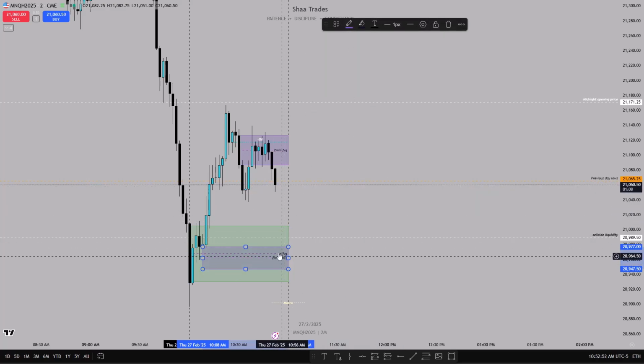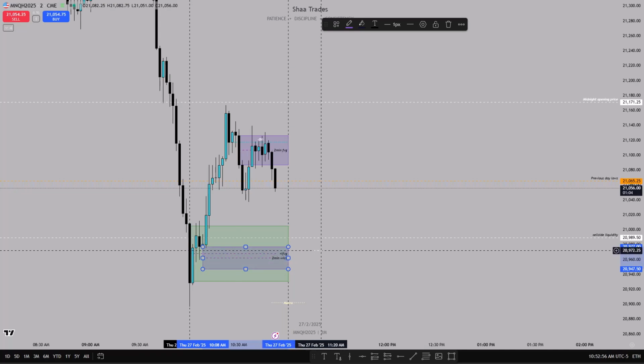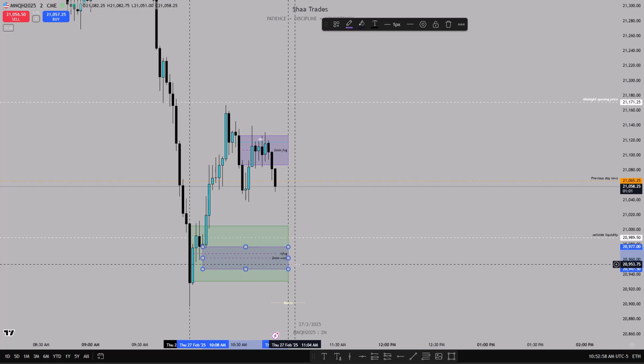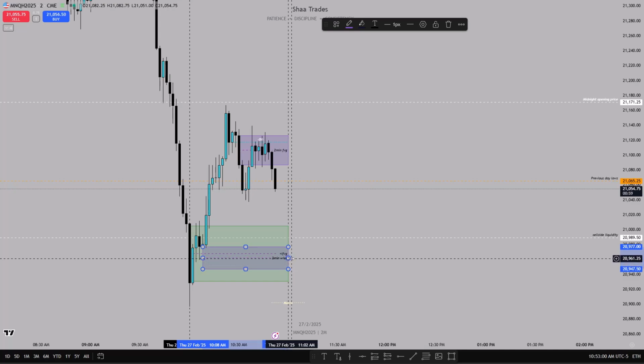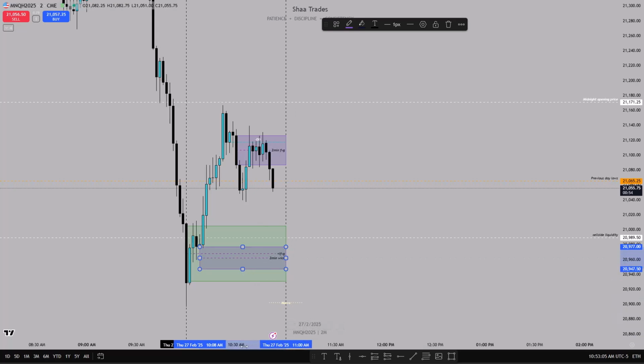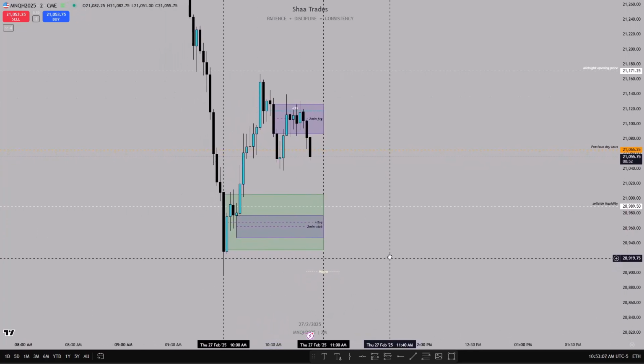If it wants to go down there, I'm looking for this to support price, but if it goes over 11 o'clock, there's nothing for me, not a part of my model.